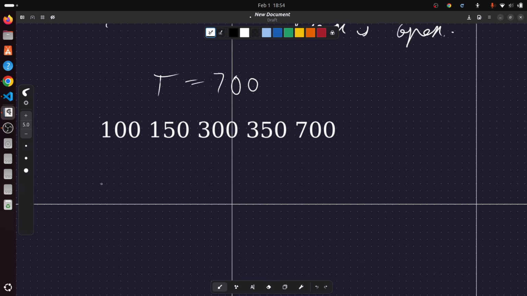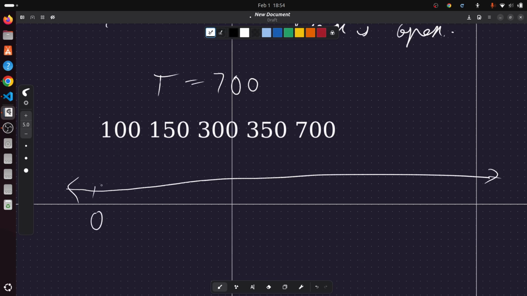So let's try to find the answer for this test case. Okay, let's make a timeline. So this is 0. At point 0, the box is open, right? Now at time t equal to 100, Aoki came. So we close the box for 100 seconds, right? So this is t equal to 100, and now the box is closed.